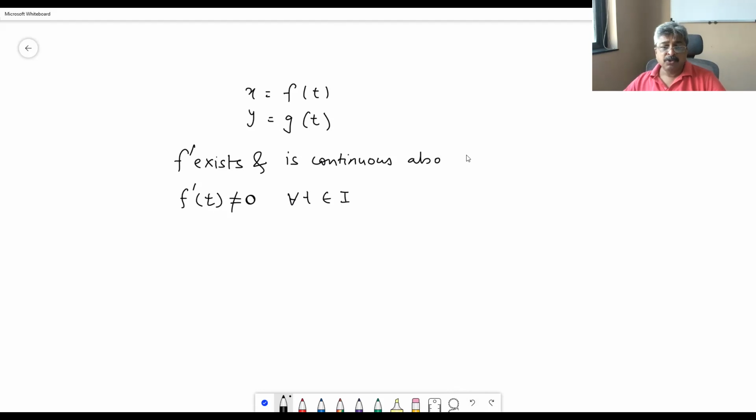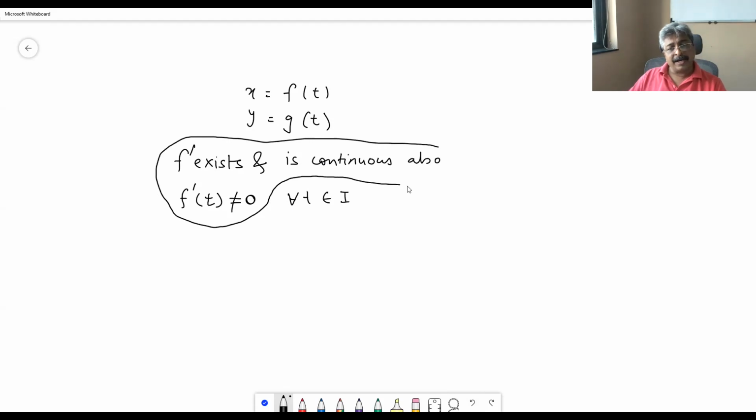In some of the problems also you may end up getting this condition that f dash exists and is continuous and never becomes 0. This condition implies that f is strictly increasing or f is strictly decreasing.